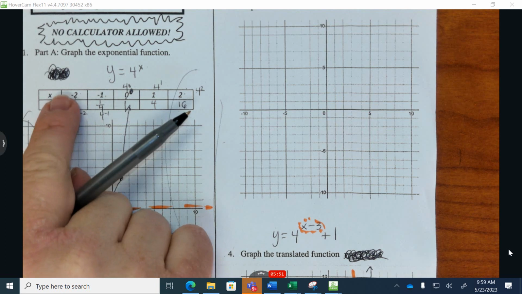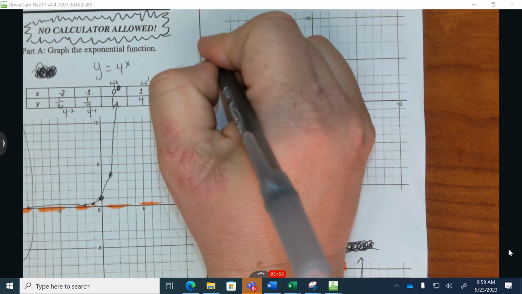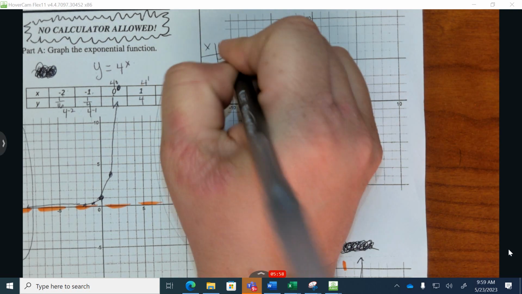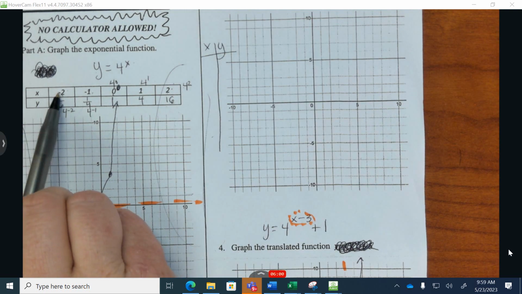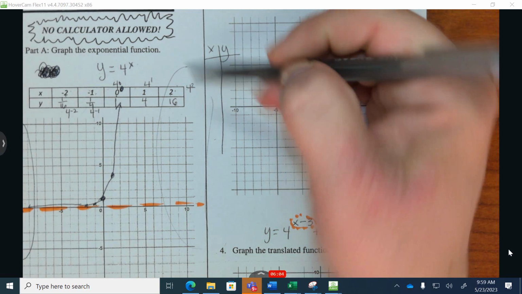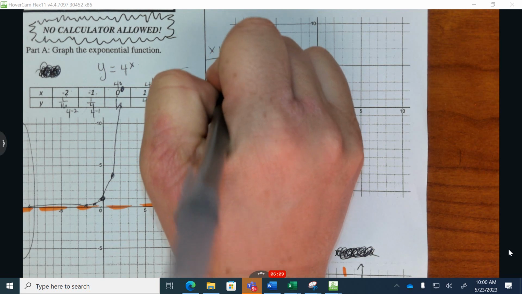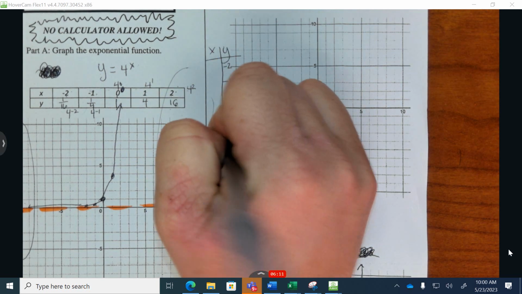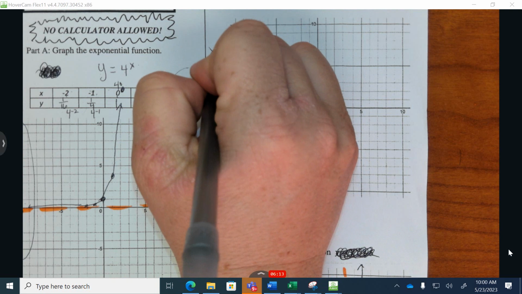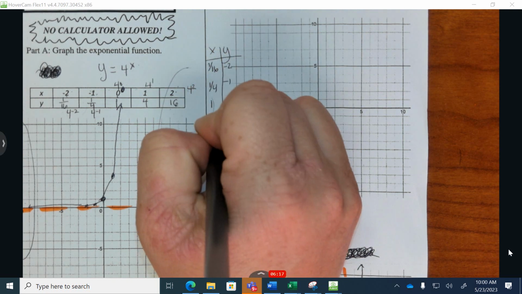If they're inverses of one another, we can come back to the inputs and outputs and literally just switch them. So watch this. I'm going to make a little table of values. And what used to be the x is -2, -1, 0, 1, 2, that would normally be in the x's. If these are inverses, we switch it. So this is -2, -1, 0, 1, and 2, and 1/16, 1/4, 1, 4, and 16.